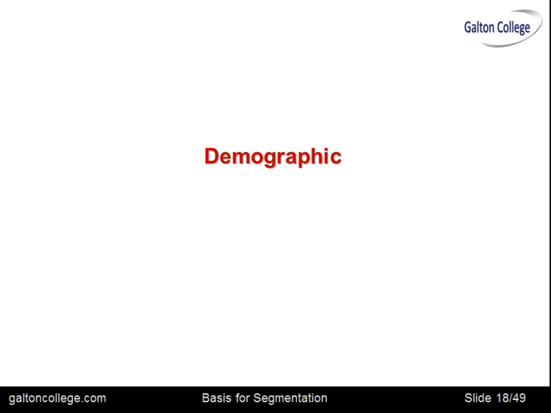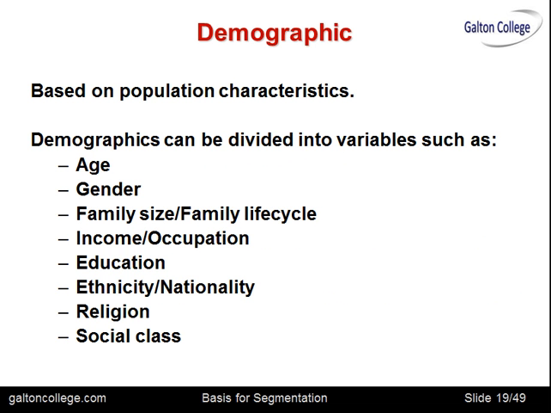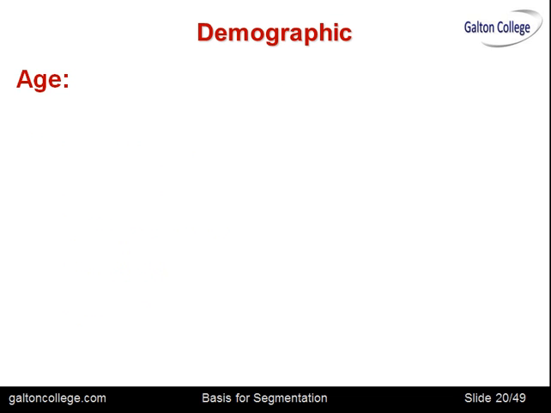Next we look at demographic. Well, demographic could be on the basis of age, gender, family size, all of the points I've got on the slide. Each one of these may influence the marketing plan, and segmentation may be based on each of these. For example, let's take age.